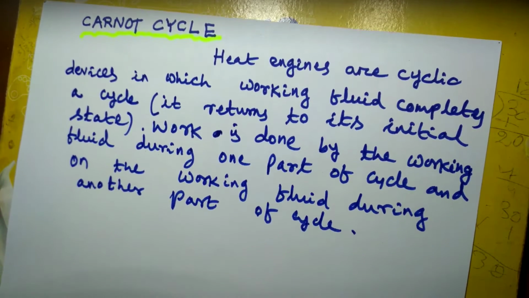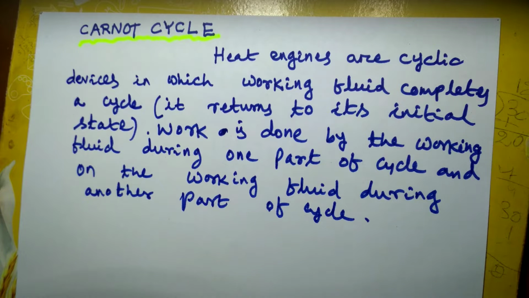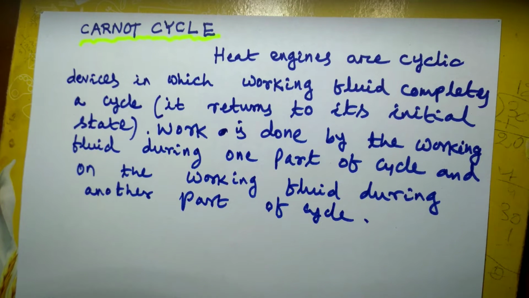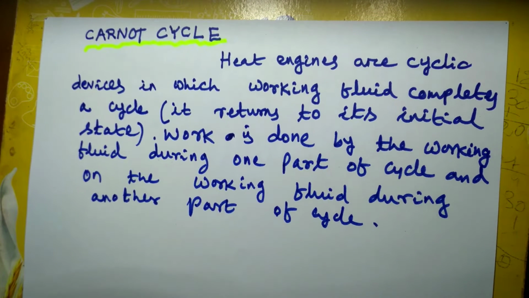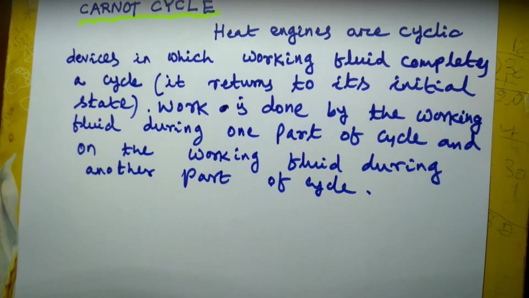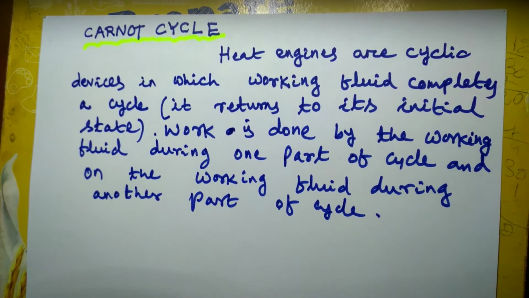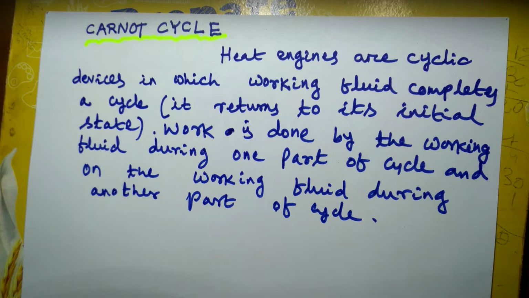So during one part of the cycle, work is done by the working fluid, and during another part of the cycle, work is done on the working fluid. The difference represents the net work output of the cycle.